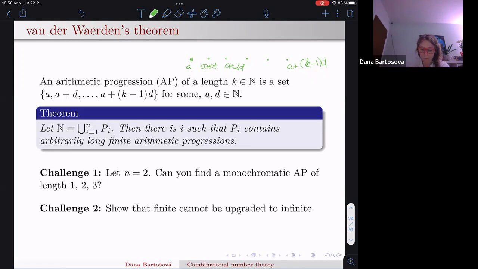So suppose that I'm partitioning only into two pieces, right? So my natural numbers into two pieces. That means equivalently that I have a coloring of natural numbers by two colors. So now, can you find a monochromatic arithmetic progression of length 1?